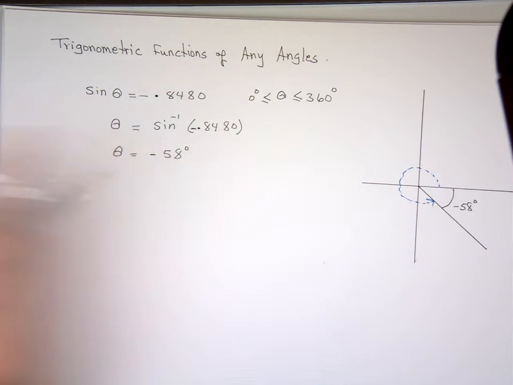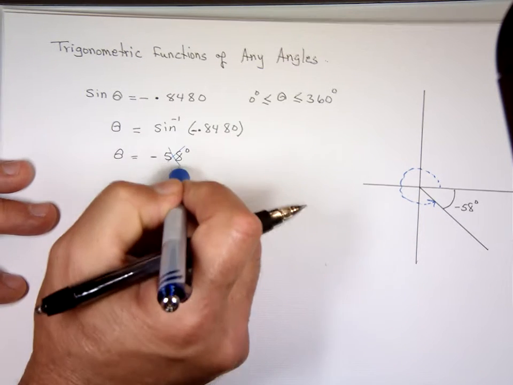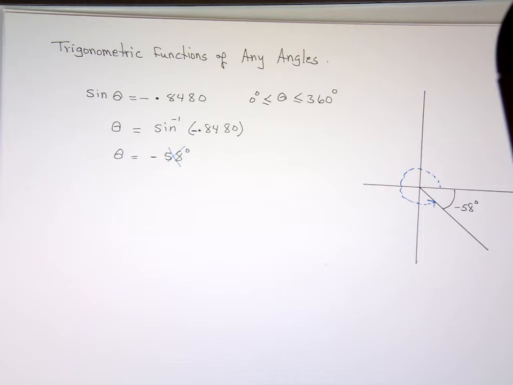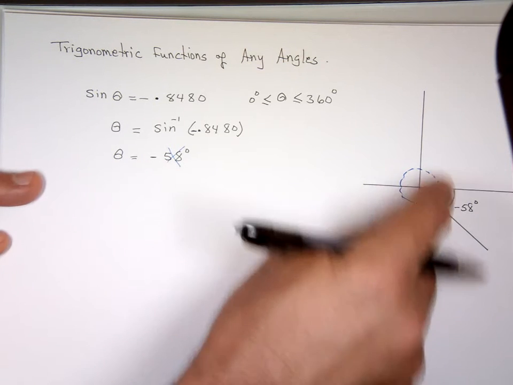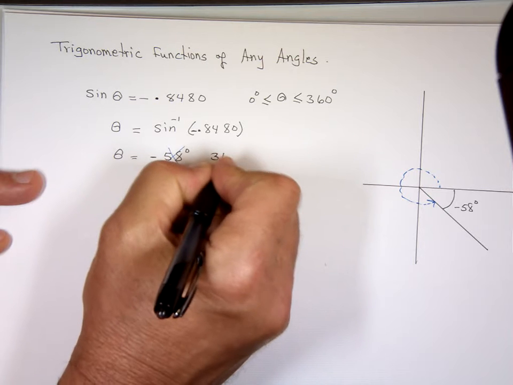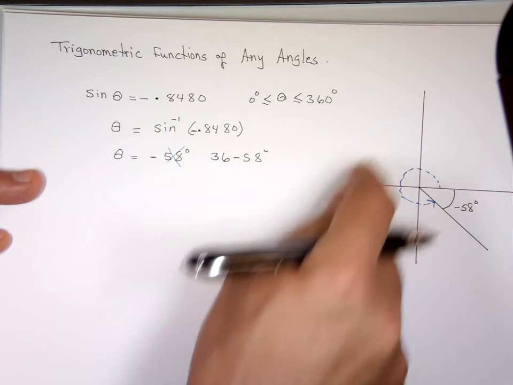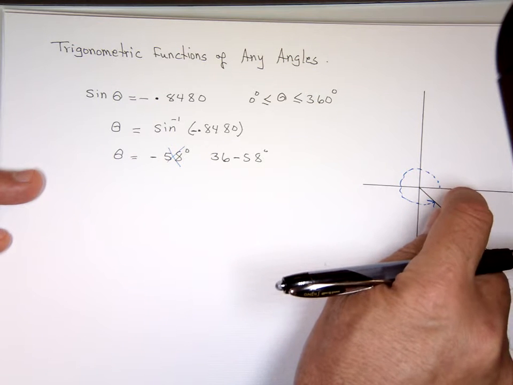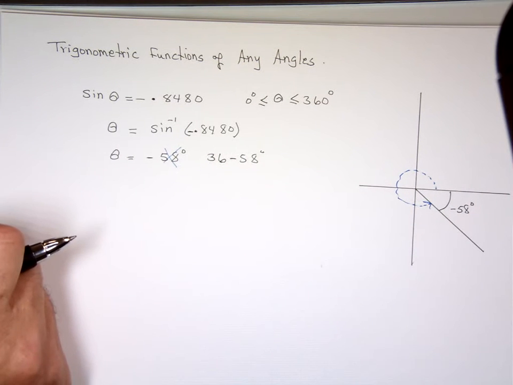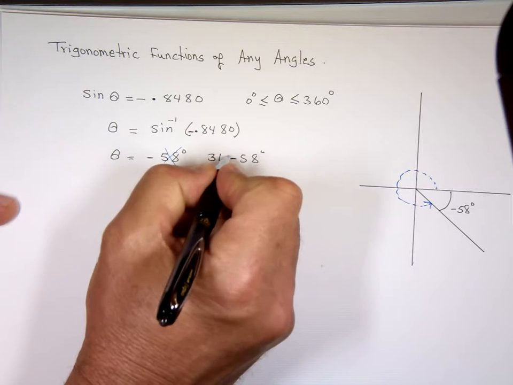So I don't want to use this. It's a negative value. So what do we do? Isn't that 360 minus the 58 degrees? Because 360 will take you all the way back to this line. Now backtrack 58 degrees.